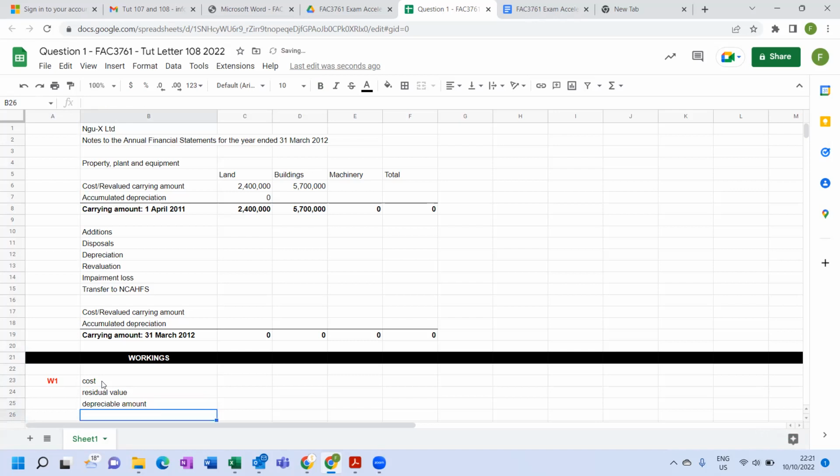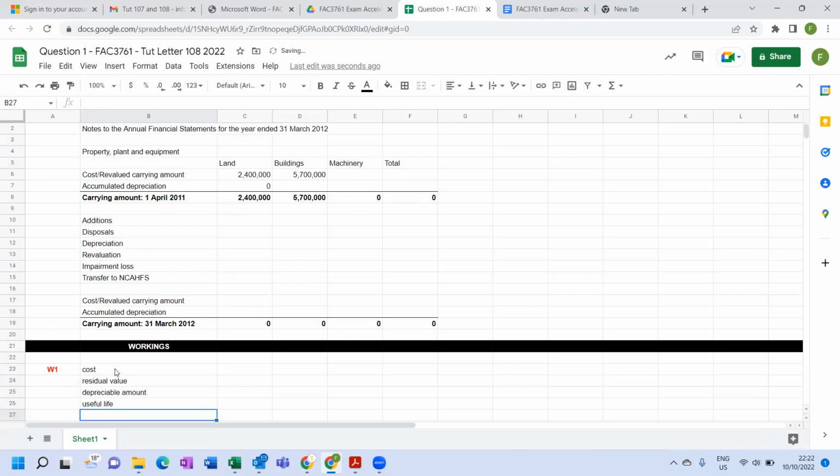Take the depreciable amount and divide it by the useful life. So cost price minus the residual value gives me the depreciable amount, and depreciable amount divided by useful life gives me annual depreciation.